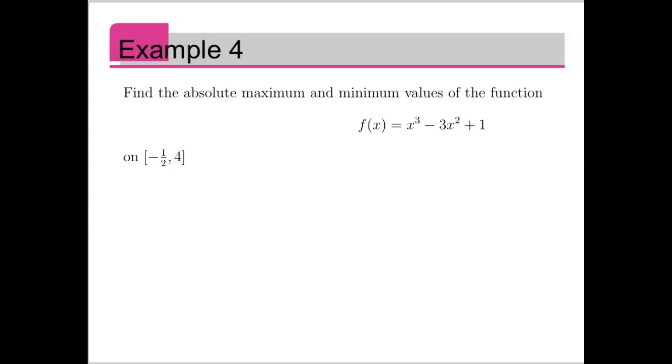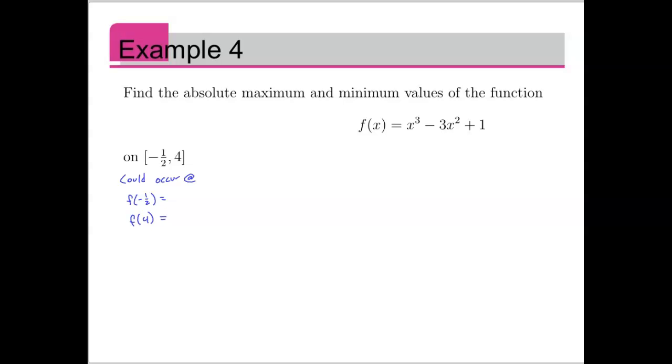So basically we know that the absolute maximum or minimum could occur at the endpoints, so we'll say could occur at f of -1/2 or f of 4, or they could occur at critical values.